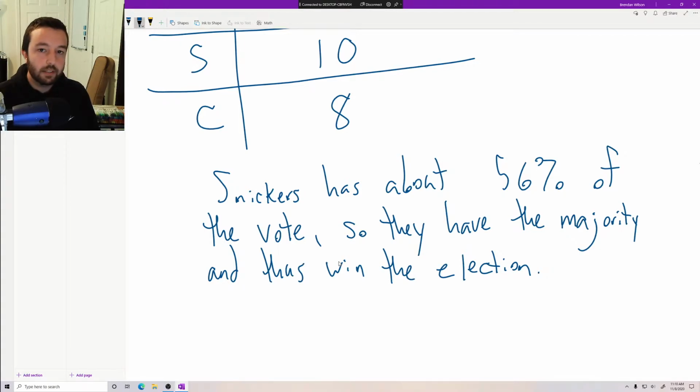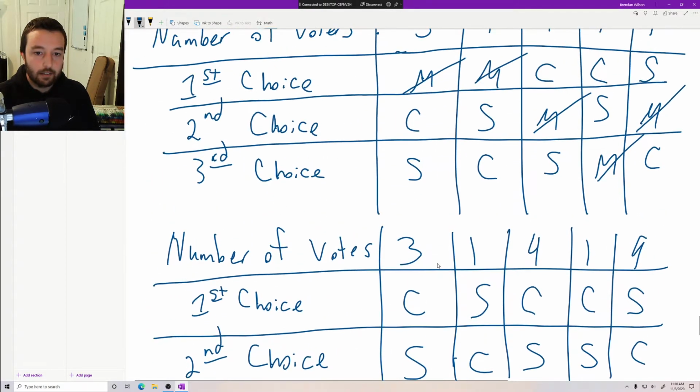Because it's not really a fair assumption that these are going to translate perfectly, because now the situation is different, right? So you might make your choices a little bit differently. So a lot of times, to avoid problems like that, we just have an entirely new election.